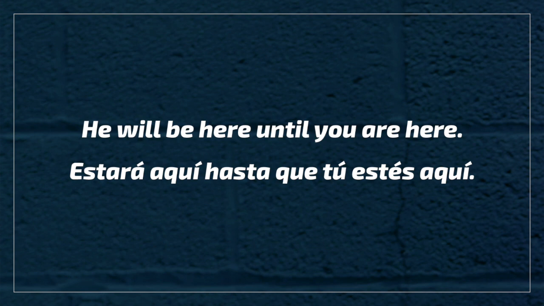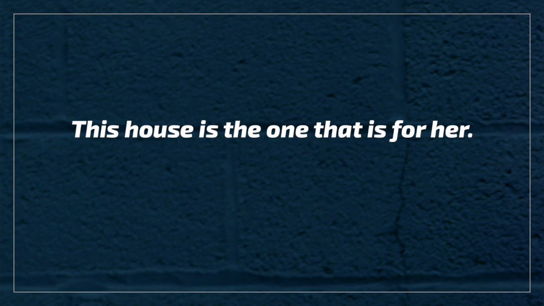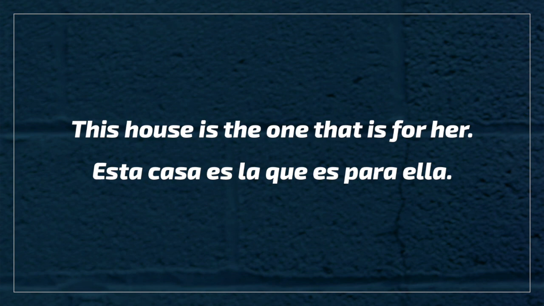Estará aquí hasta que tú estés aquí. Next, this house is the one that is for her. Here's the Spanish. Esta casa es la que es para ella. If you got everything correct so far, let's finally go on to Lesson 6 of Accelerated Spanish.